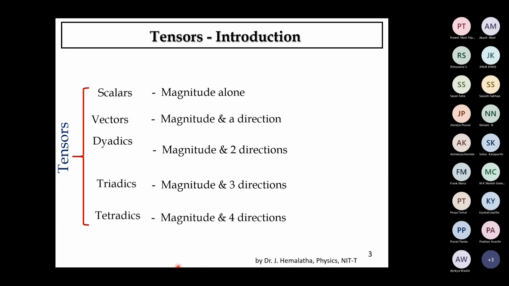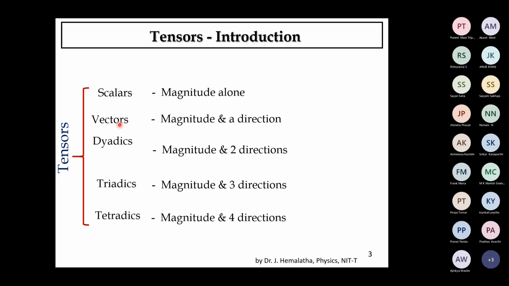And it goes on, it doesn't end here. If any physical system requires magnitude and 5 directions, or 6 directions, accordingly we have higher order tensors. The common word you can use is polyadics, P-O-L-Y, poly meaning many, or we call them tensors of higher orders or higher ranks.